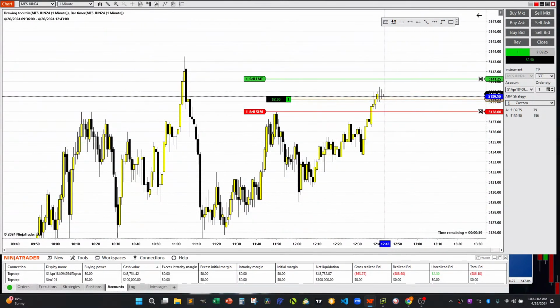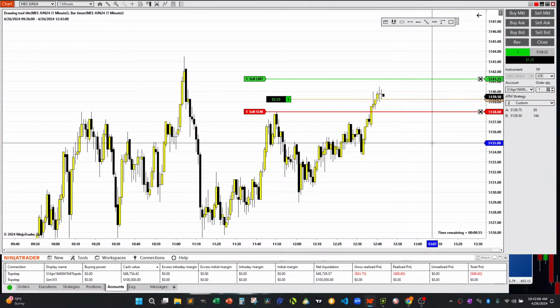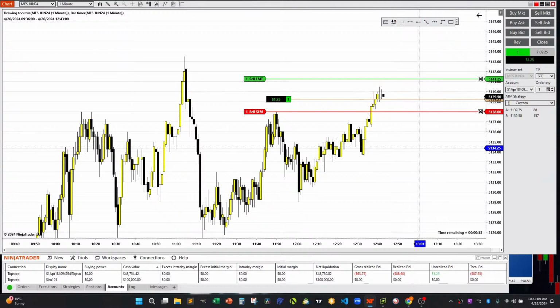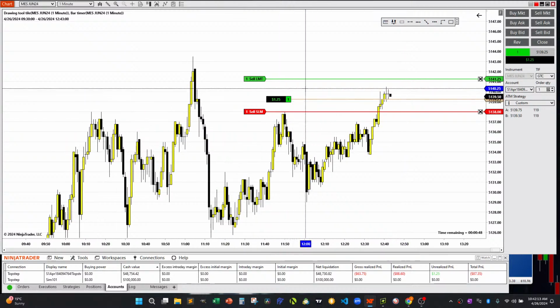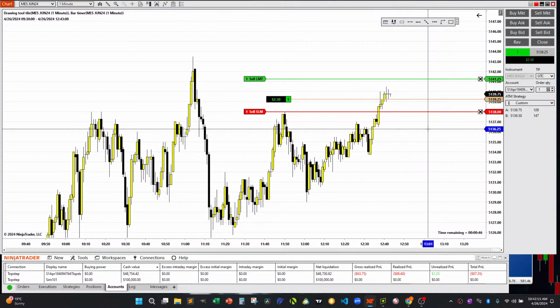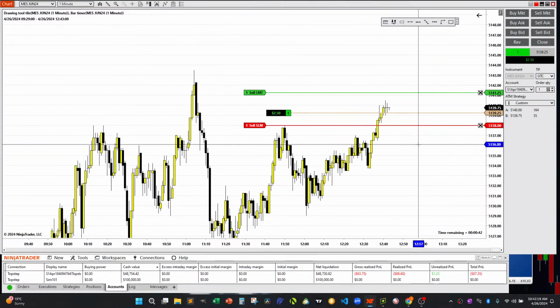So even just being 1 tick in profit would be a loss of about 42 cents, I think. Or no, it's $1.42, so it would be a loss of about 17 cents at just 1 point in profit. Or 1 tick in profit, sorry.